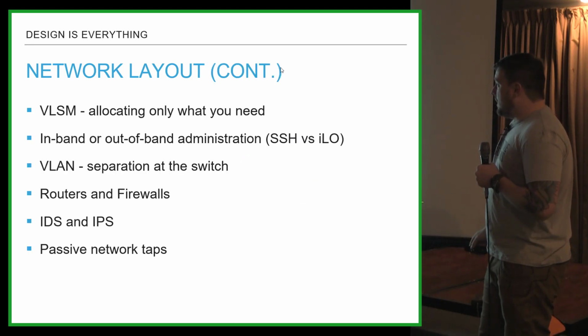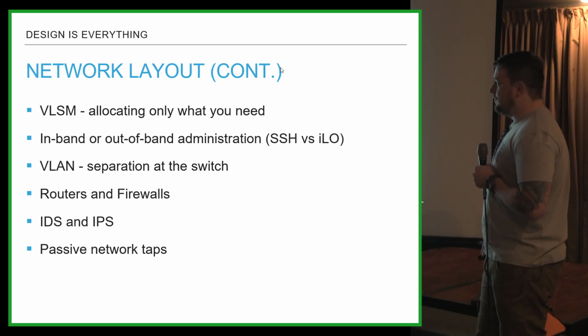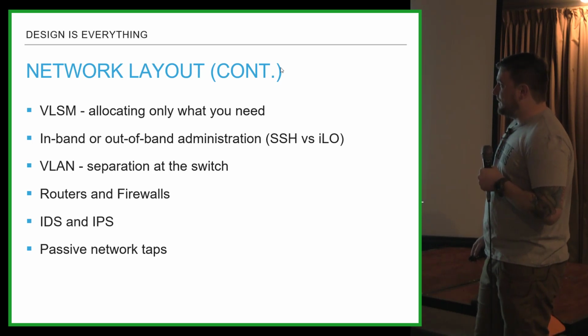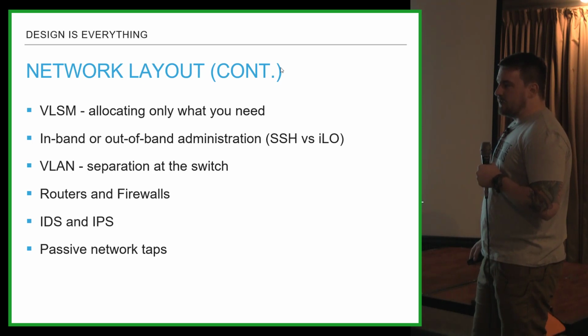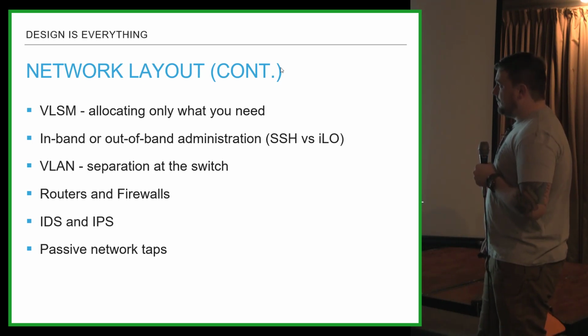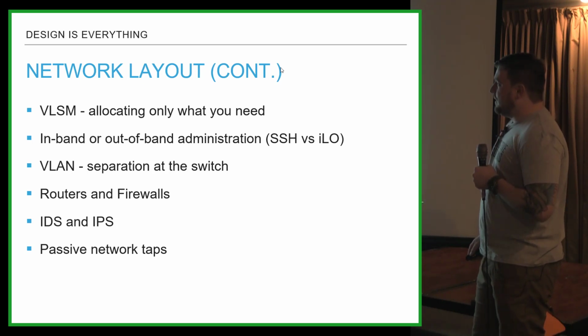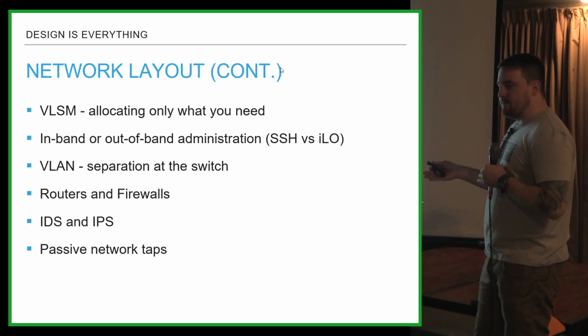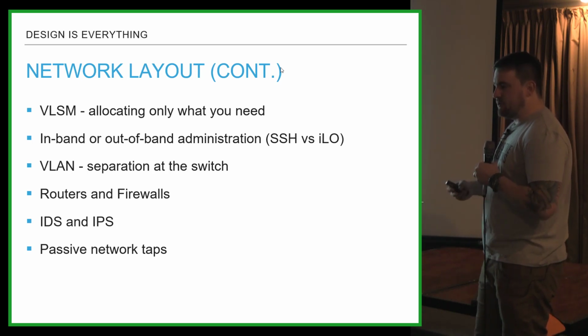Some of the things you'd want to do when setting up your network, a lot of these things are usually architecturally a good idea too, but they also bring some security benefit with them. So variable length subnet masking basically says I'm going to build my subnet to account only for the machines that I need.